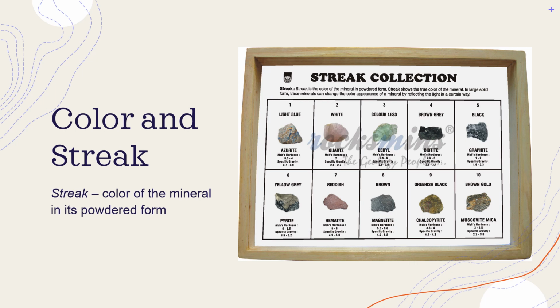So for example, let's take azurite. If we look into it, it somehow looks whitish or grayish. But if you check the true color of this mineral using the streak test, you'll see that it's not actually grayish white, it's actually light blue.